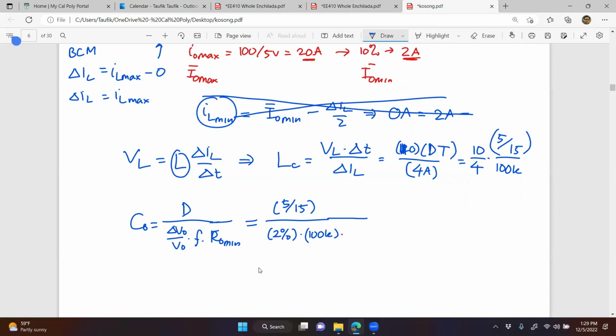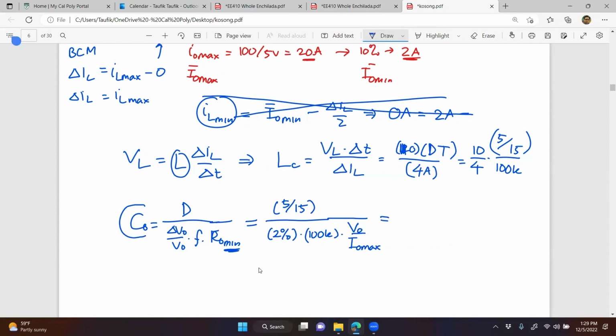Then R out min is equal to V out over I out max. Be careful because that's R out min, right? You want to get the worst case scenario for capacitance, so that occurs at larger current, right?